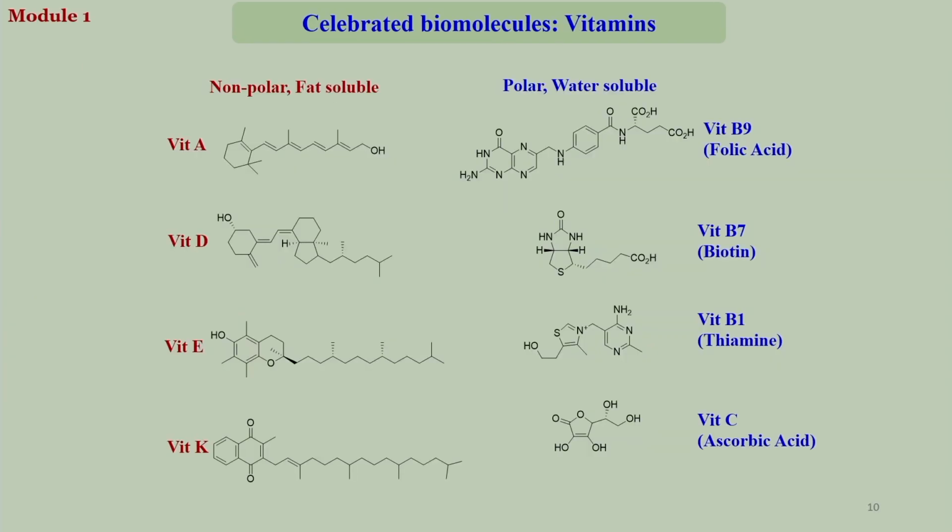So, we will see the structure of some of the important biomolecules now, and later on I will discuss them in detail as we move on. Here are the structures of the small molecules, the vitamins that we have in our body. On the left hand side you can see some structures of the vitamins, and on the right hand side the other kinds of structures.